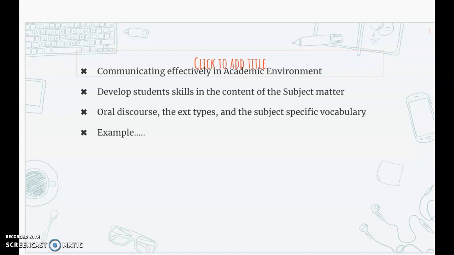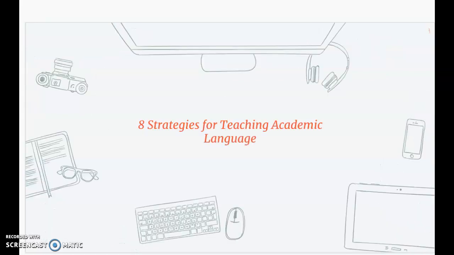Or an elementary mathematics teacher might help students understand the conventions expected for showing their problem-solving work, how to explain an alternative solution to a problem, or how to interpret mathematical symbols. These are just some ways that developing academic language in the classroom can help our students be better prepared when moving forward.